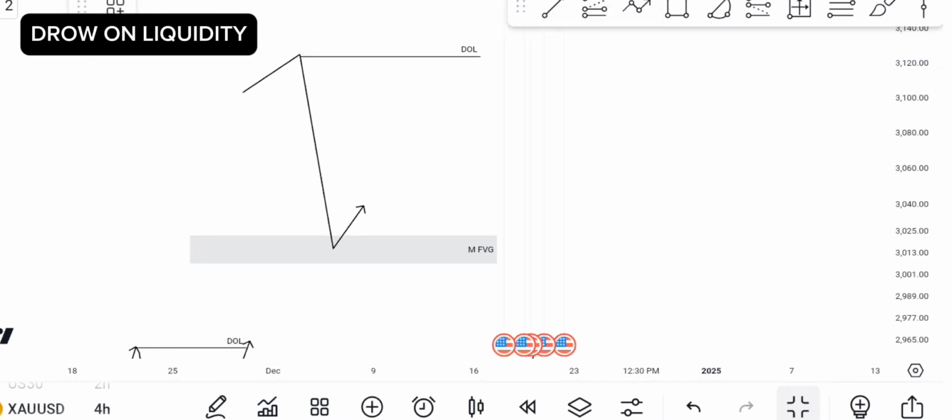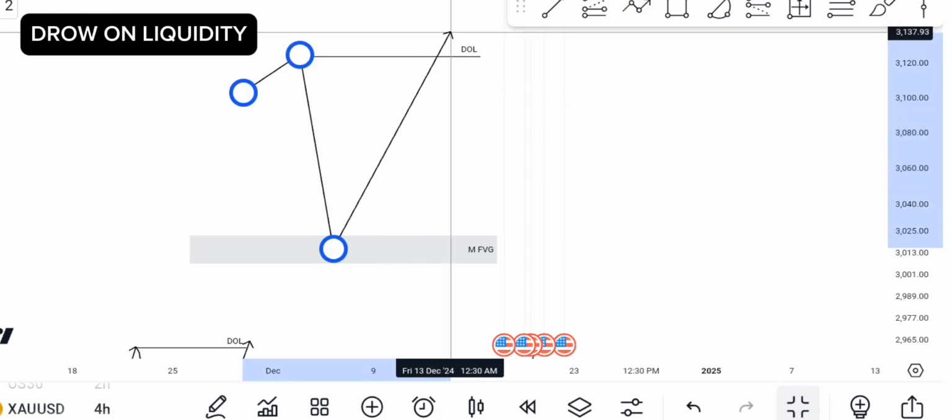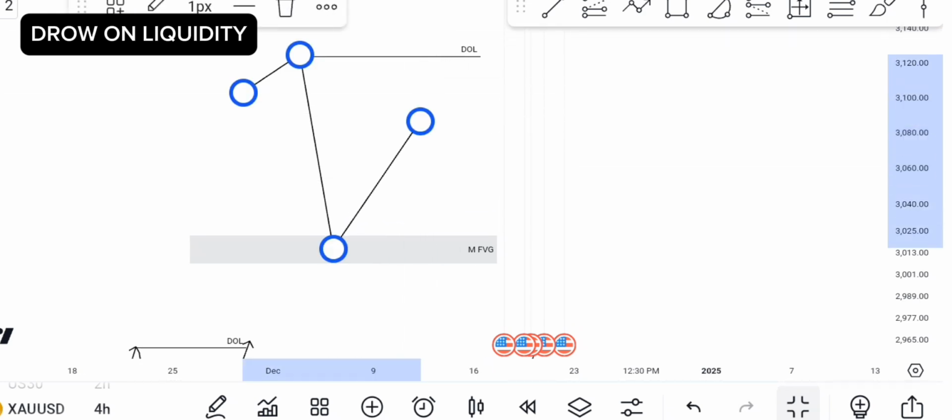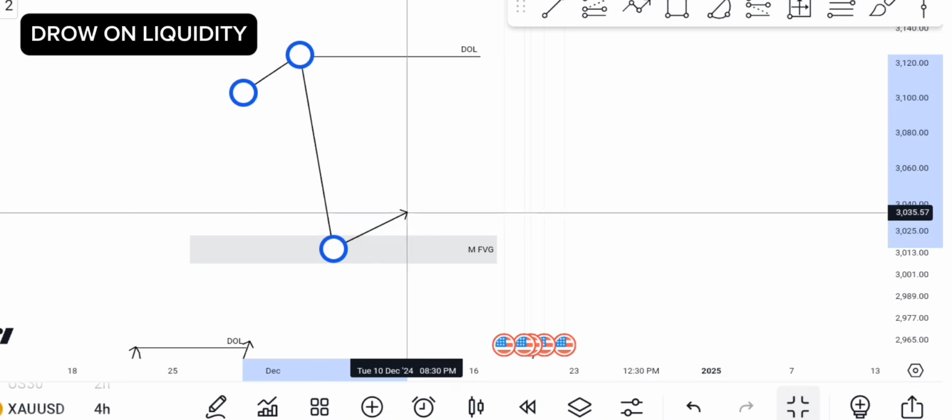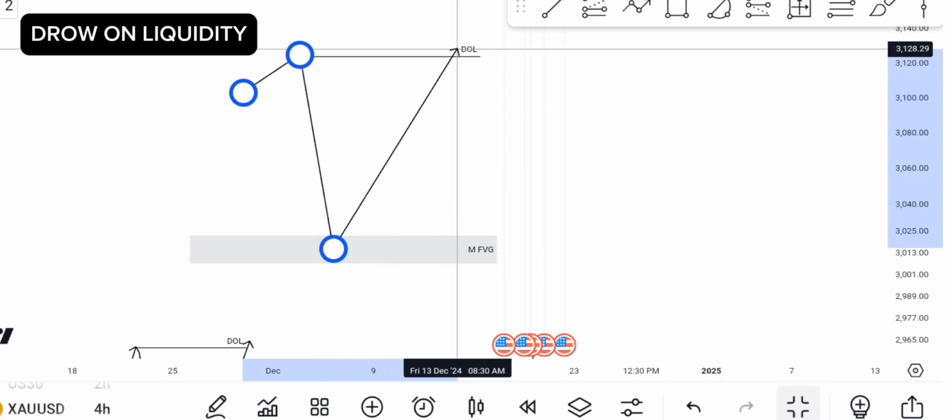So in that scenario we have to find only buying opportunities, from this monthly fair value gap to this draw on liquidity.